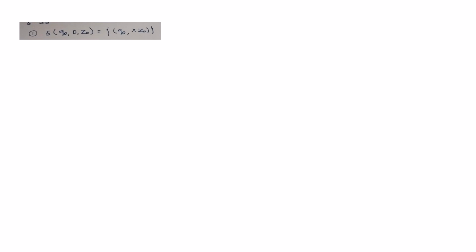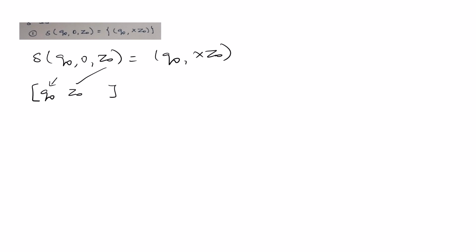So what are the productions we obtained here from this transition, delta of Q0, 0, Z0 is equal to Q0, X, Z0. The productions we obtained are Q0, Z0. We went with 4 productions.